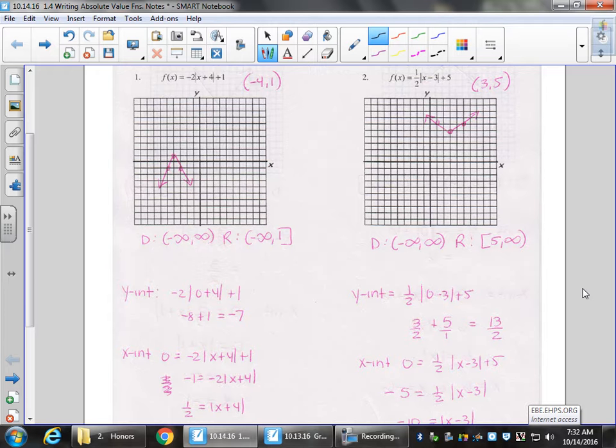Let me know when you find it. Full set? Yep. Good? Full set? Yes.